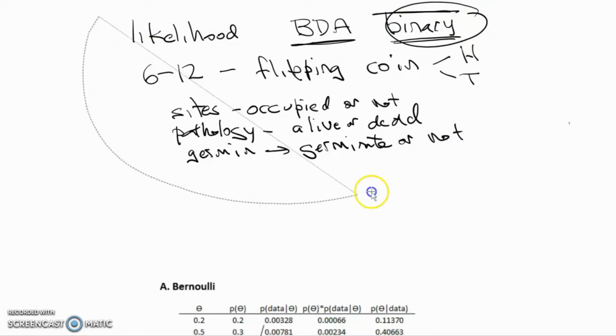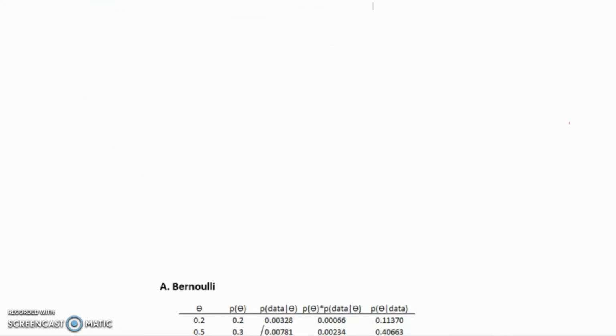So I want to go over a simple example of a binary dependent variable, and I'm going to come back to flipping a coin because that's really easy to understand. I'm going to take my coin, I'm going to flip it 7 times.